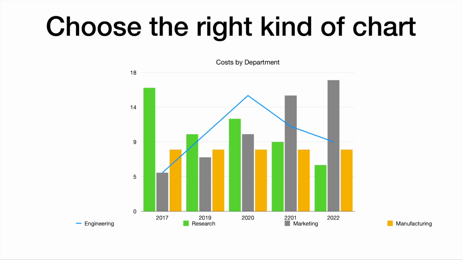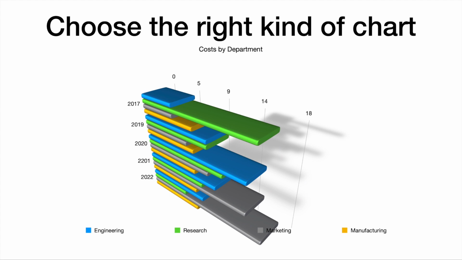So it's important to consider the right kind of chart to tell the story that the data is trying to tell, or that you are trying to tell with the data. This one here looks gorgeous. All these very impressive, three-dimensional bars. Look at those gorgeous shadows, the shading on the bars.